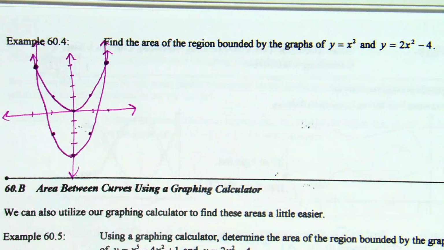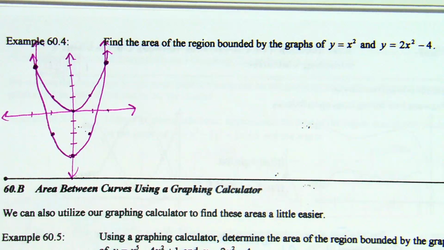Not the greatest, but the calculator can help you still. And another thing is, if you're trying to figure out where those 2 pieces intersect, you could always set your equations equal to each other. You wouldn't necessarily have to have the picture drawn out.